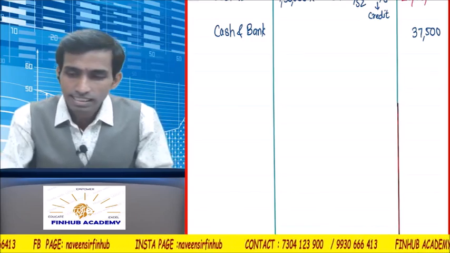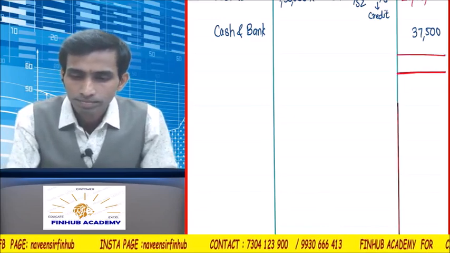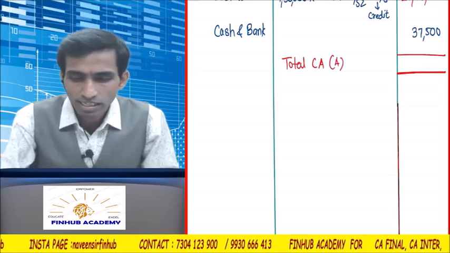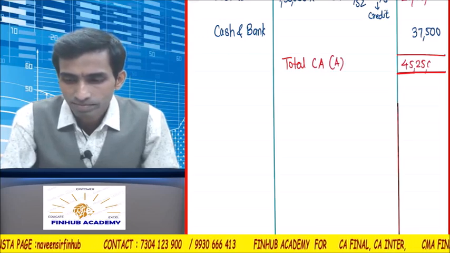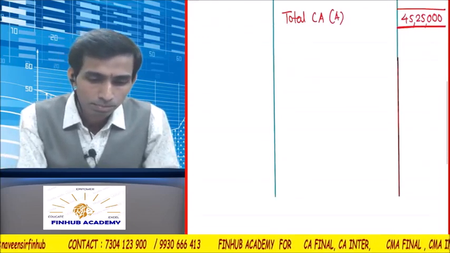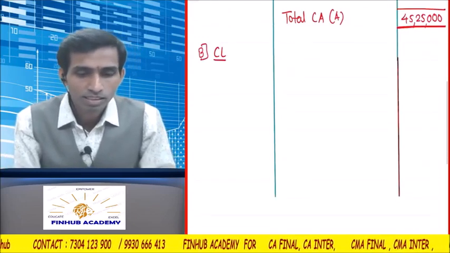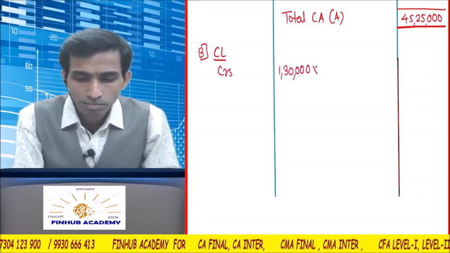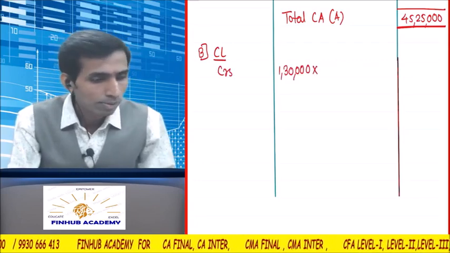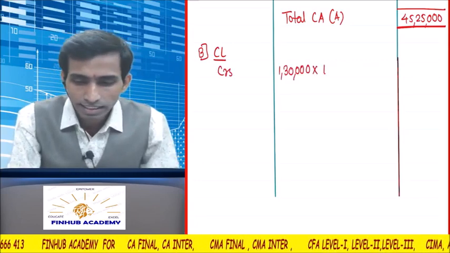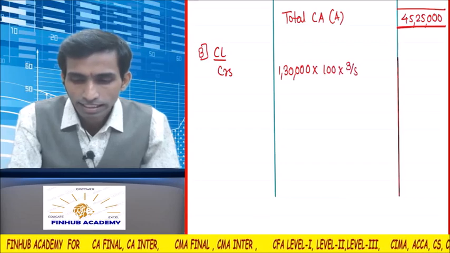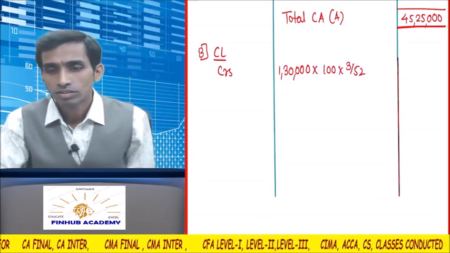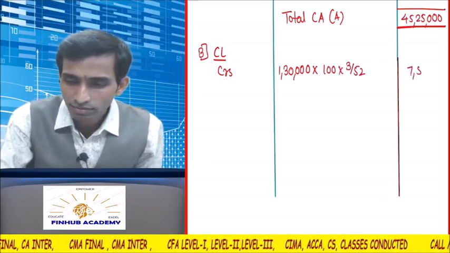Done, na? I think assets are done. Total current assets is 45,25,000. Okay. B, current liabilities. In that, creditors: 1,30,000 multiplied by 100 into 3 by 52. 7,50,000.